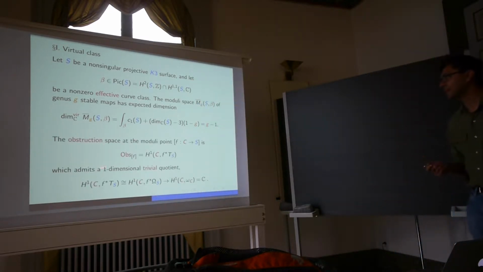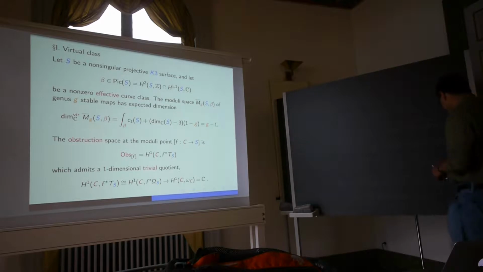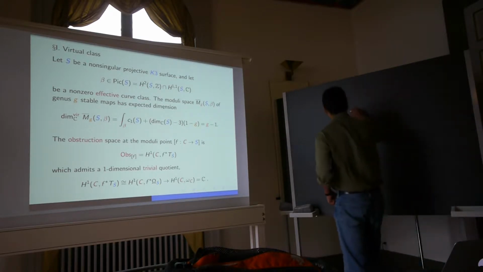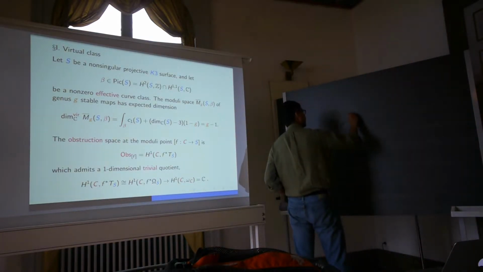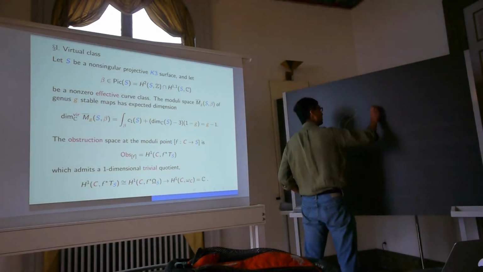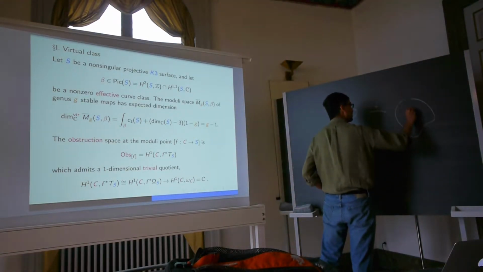The way this calculation comes, it comes from a tangent and obstruction space. And the obstruction space for the map here is this H1 of the pullback of the tangent bundle. In general, we're looking at a map from a curve to this K3 surface.